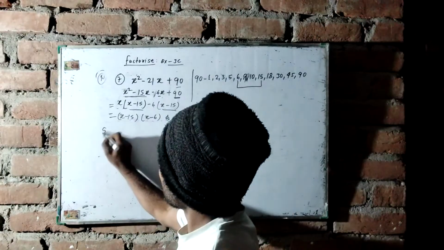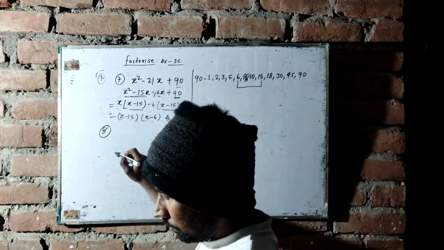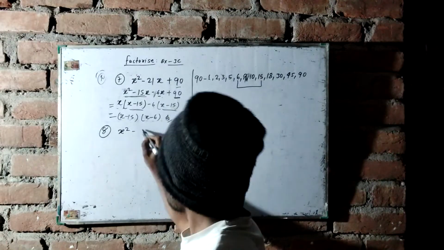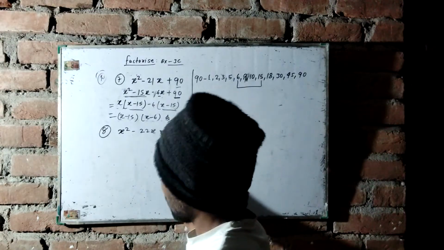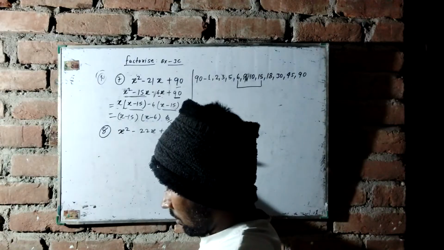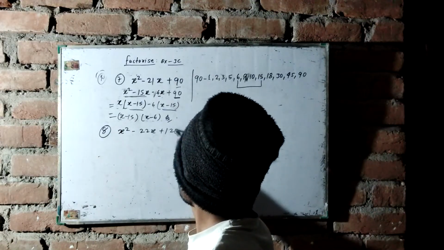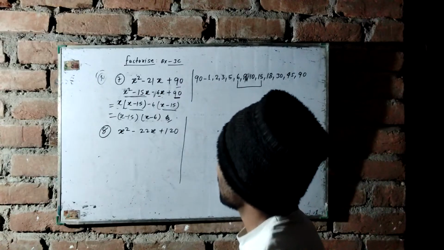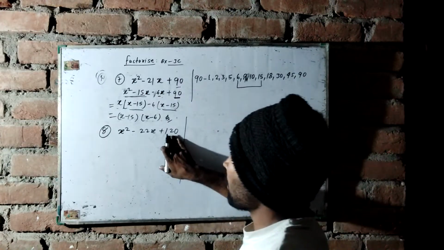Question number 8. x squared minus 22x plus 120. First of all, we have to find all factors of 120.